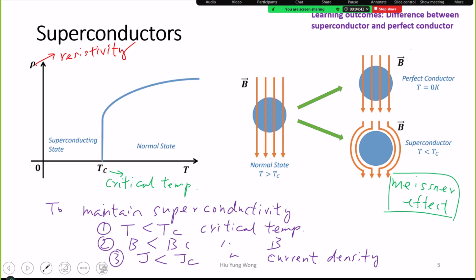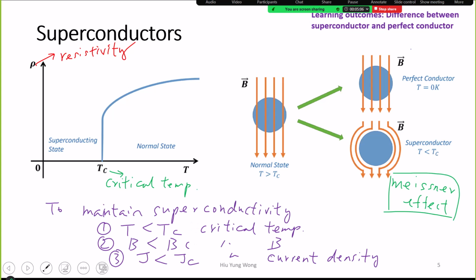Or let me say it the opposite way, because they all need to be fulfilled at the same time. If your temperature is larger than the critical temperature, you will lose superconductivity. If the magnetic field trying to penetrate into it is larger than the critical magnetic field, you will lose superconductivity. And if your current density is larger than the critical current, you will lose superconductivity.